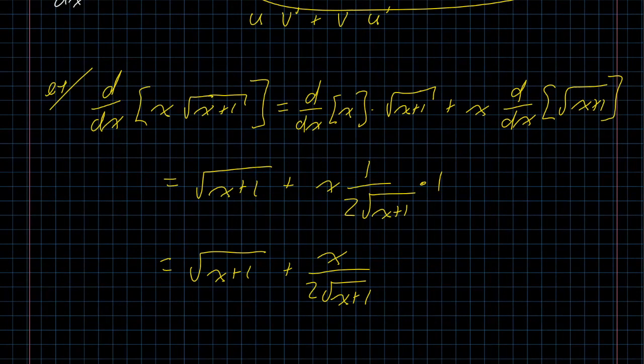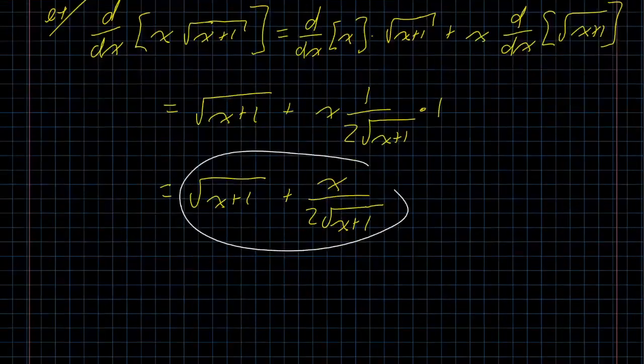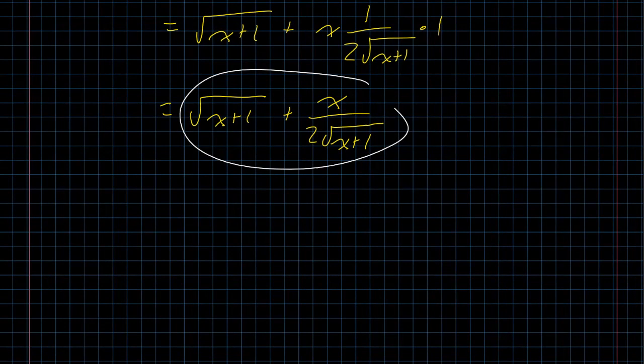And I'll leave it at that: square root of x plus 1 plus x over 2 square root of x plus 1. If you gave me something like that on an exam, I would be very happy with that. But I will point out that if you're following along in a book and checking your answer in the back of the book, sometimes they will go a little bit crazy doing some algebra from here.